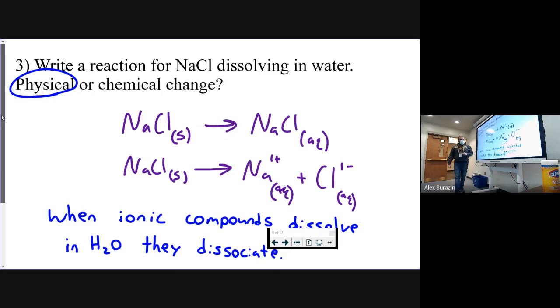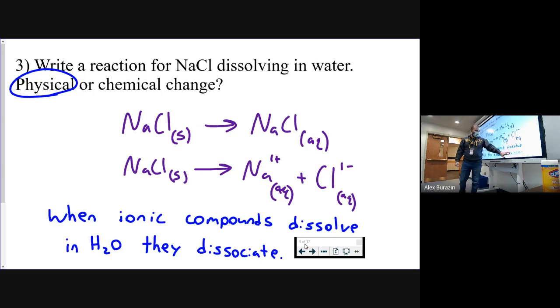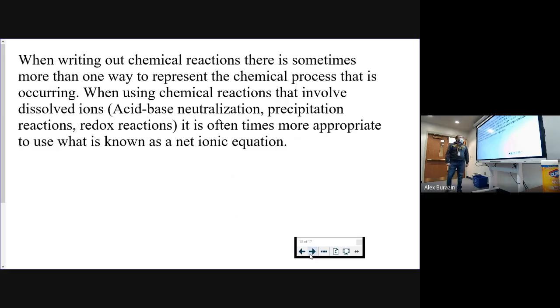All right. So when writing out chemical reactions, there is sometimes more than one way to represent the chemical process that's occurring. When using chemical reactions that involve dissolved ions, as we just looked at, and there's a whole bunch of chemistry that occurs with dissolved ions, it's better to write net ionic equations when we have aqueous ions in our chemistry.